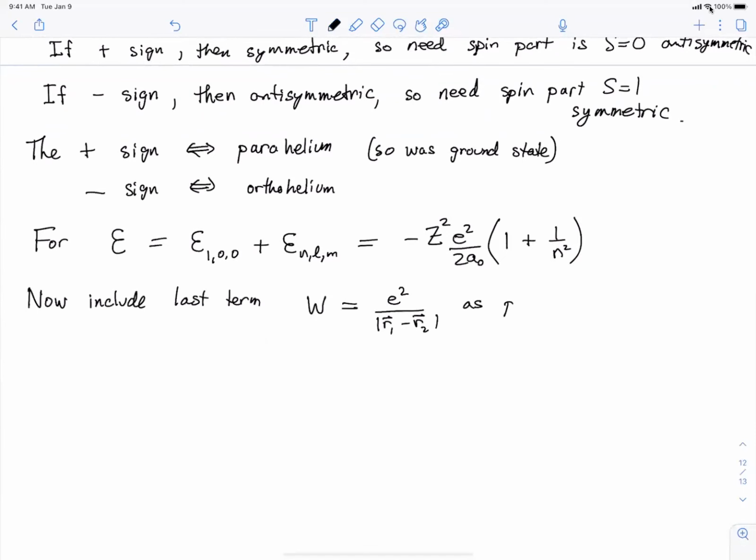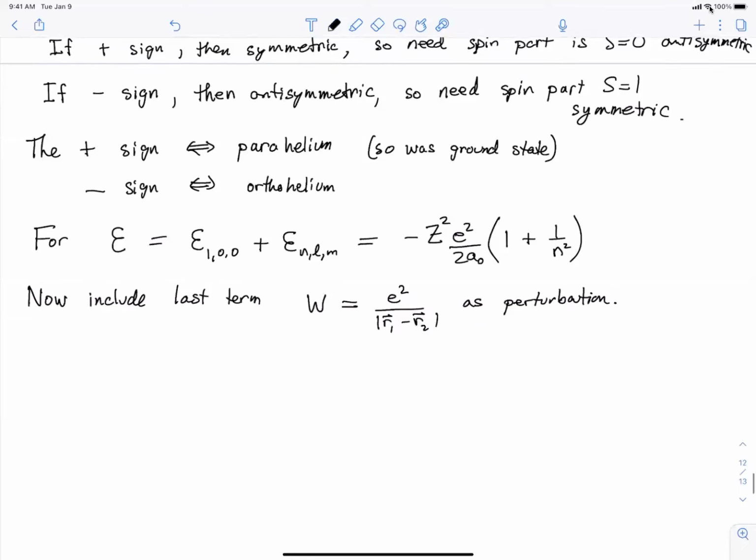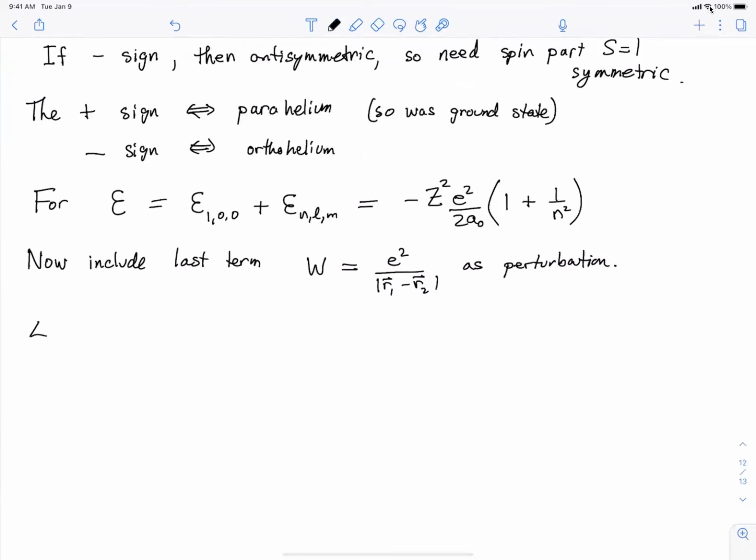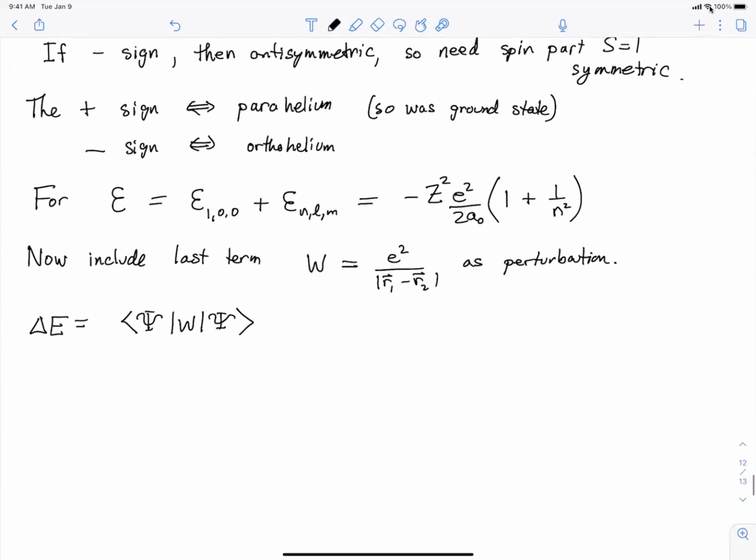So I'm going to be including this as a perturbation. And so we know what to do at first order in perturbation theory. We calculate the change in energy as the expectation value of the perturbation Hamiltonian. I'm assuming this is normalized, so I won't put in any denominator.